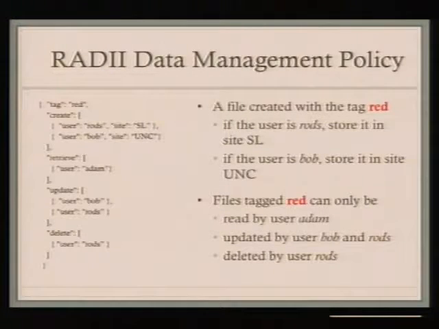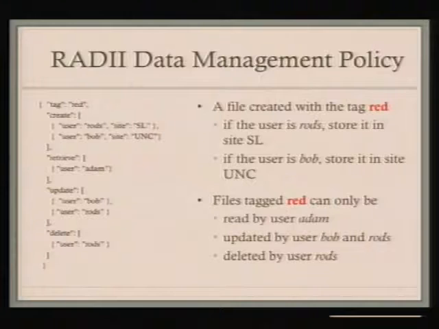So this is one example of a RADII policy, where if a file has a tag of red and the user is Bob, it is automatically stored in the site SL. If the user is Bob, then the file will be placed in the location UNC.